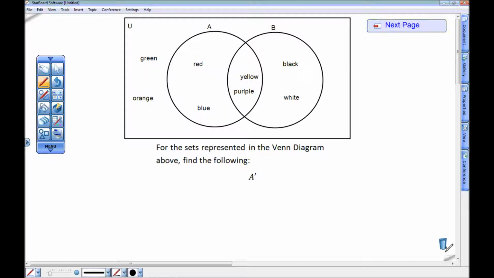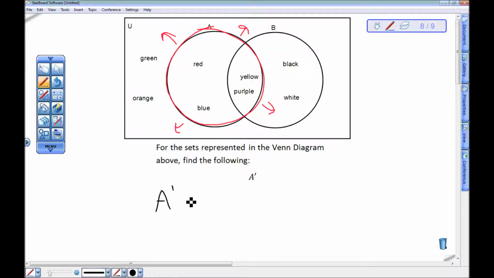What about A complement? If I look at those sets and I want A complement, remember that's everyone that's in this universal set but that's not in A. So, for complement, I'm looking outside.